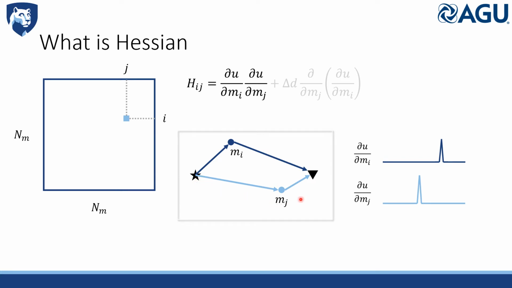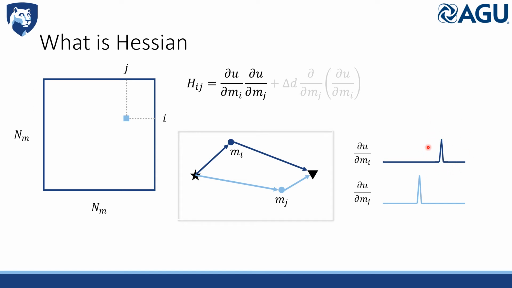And the same thing for mj. In this example, mj's wave path is shorter compared to mi, so the arrival of the mj scattered wave is earlier than mi. According to this equation, the Gauss-Newton Hessian is basically the zero-lag correlation between these two scattered waves. We assume that the source time function, or say the wavelet, is a perfect delta function pulse.